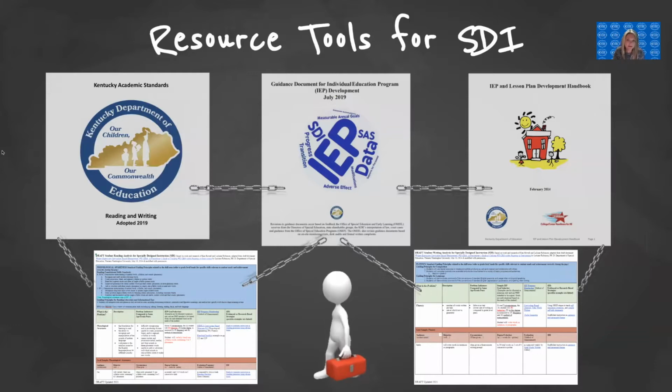So for your resources to help with your SDI, the two on the bottom are the tools that we have developed. To talk a little bit about where these came from, we have a task group. If you noticed on the front of the slide, it had a picture of all the co-ops. There are 9 co-ops across the state of Kentucky. All the literacy consultants came together and worked together to develop these tools.